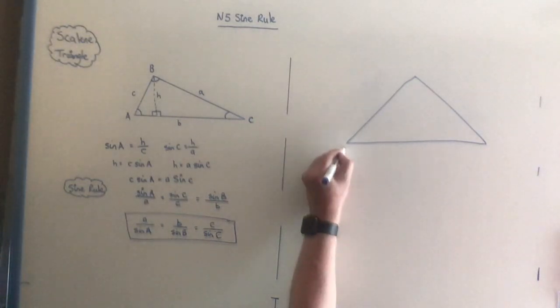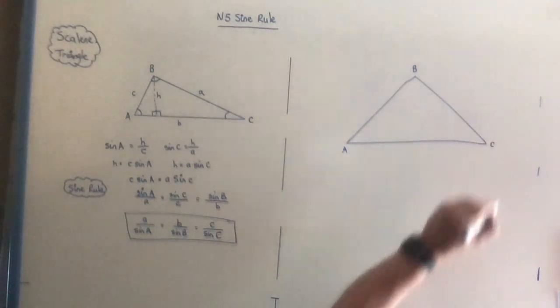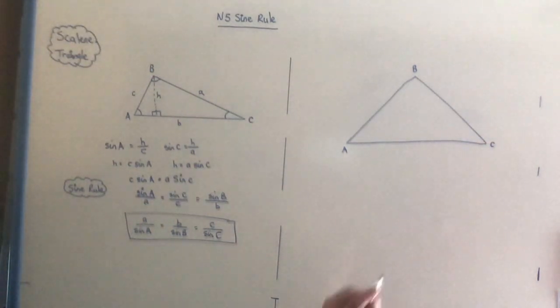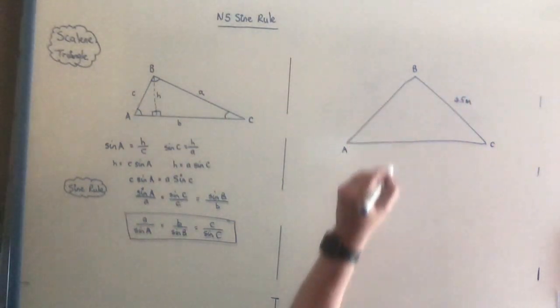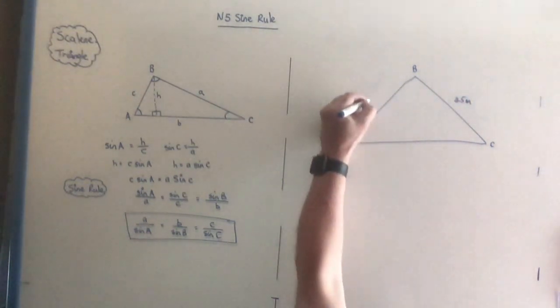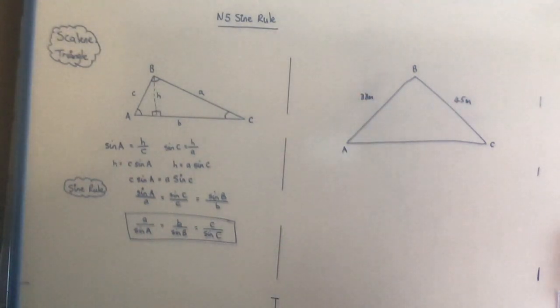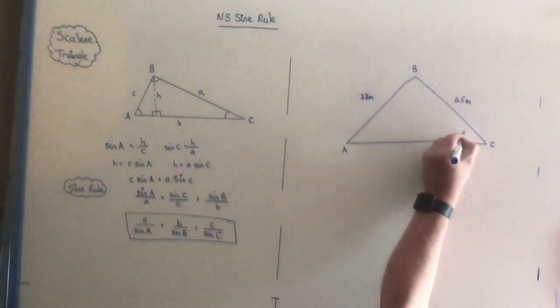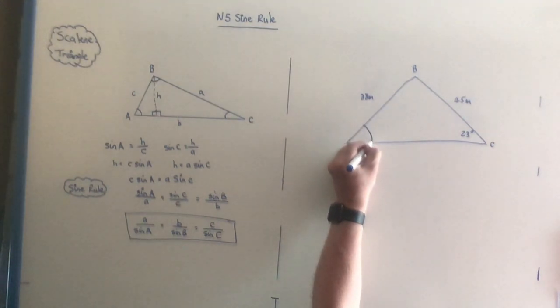Let's call it ABC again, just to save any confusion. B, C, and I'm going to put 45 meters here. And I'll put in 38 meters here. And we know this angle here, I'll just make it 23. And my question is find angle A.